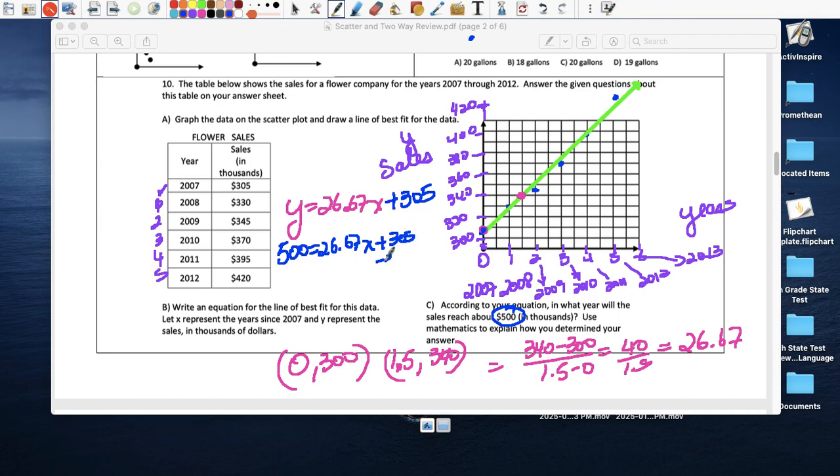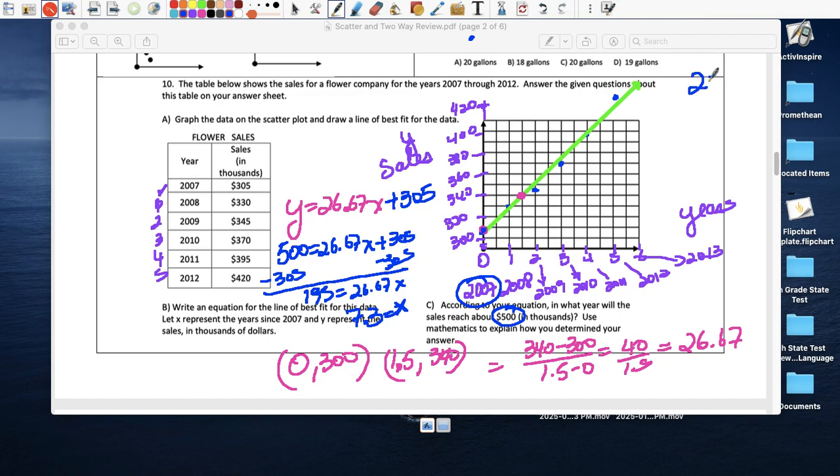We're going to subtract 305 from both sides. We're going to get 195 equals 26.67x. We're going to divide both sides by 26.67. Let's divide that. 195 divided by 26.67 is going to give us 7.3 years. So x is the number of years. In how many years will it reach 500,000? It's going to be 7.3 years after the year 2007.